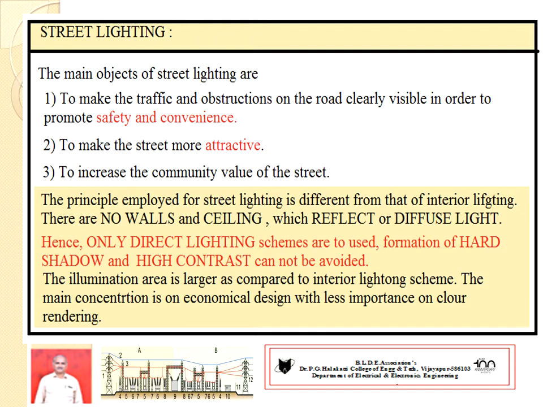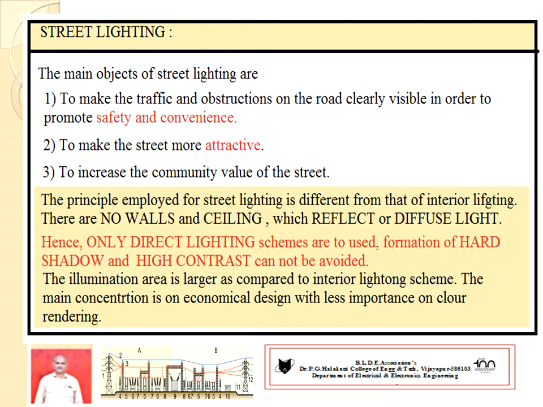Street lighting is slightly different from interior lighting schemes, because the principles employed for street lighting are entirely different from those applied in interior lighting scheme design. There are no walls and no ceiling which reflect and diffuse the light.